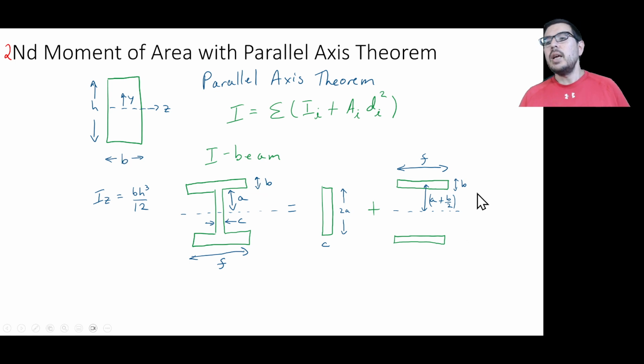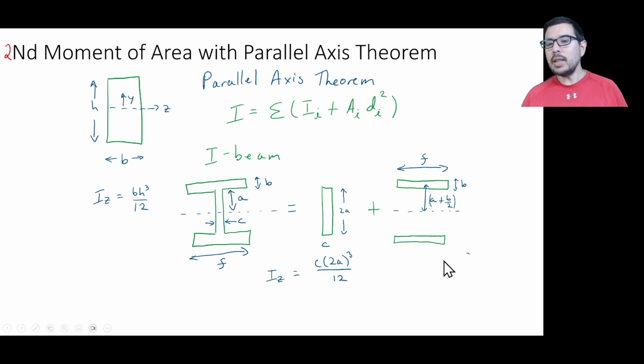And then we have our distance from the z-axis to the centroid of our rectangle, right? So that can be given as a plus half of this thickness for the top portion or the bottom portion. Okay, so that's a plus b over 2.